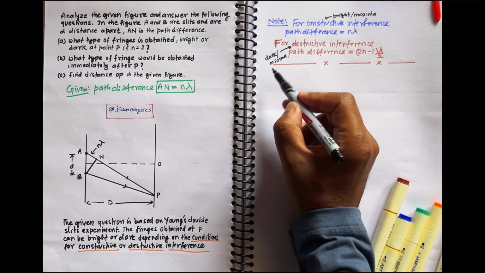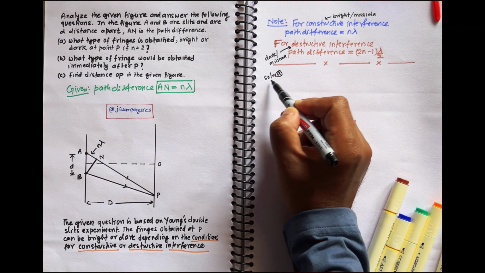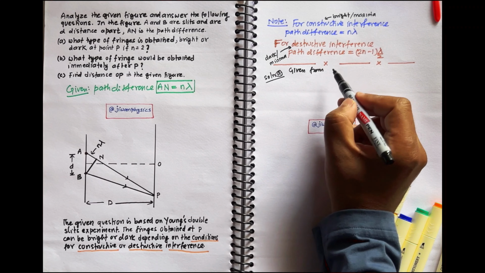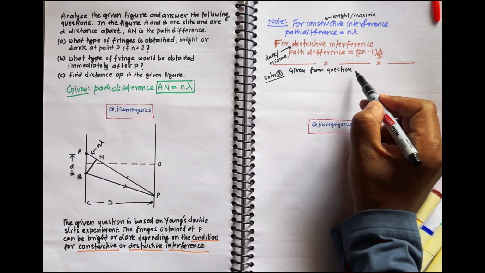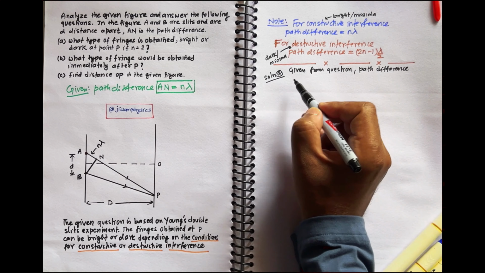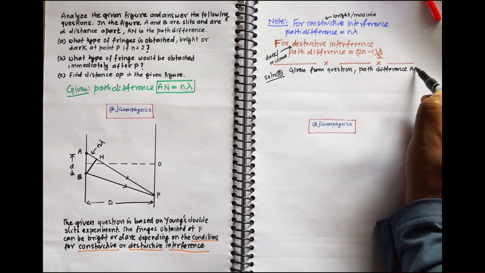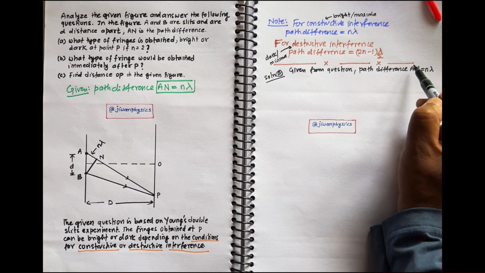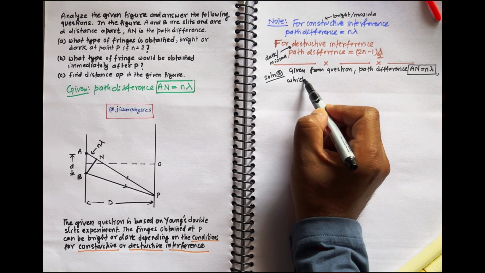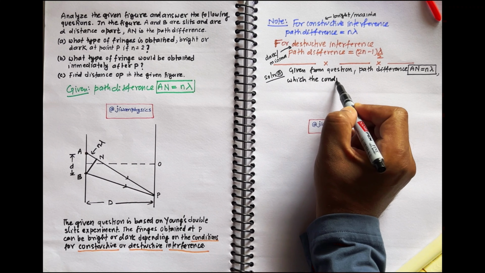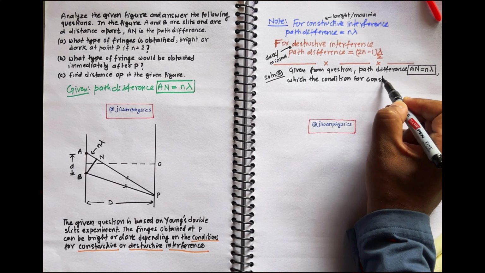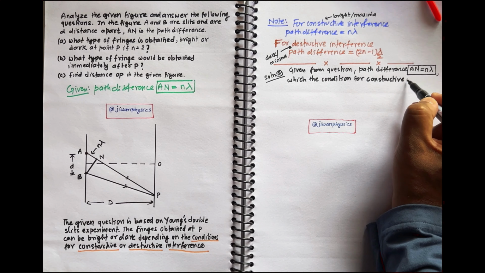So let us discuss the solution for A. Solution for A, given from the question, path difference An equals n lambda, which is the condition for constructive interference.